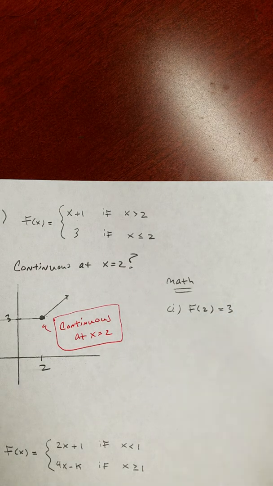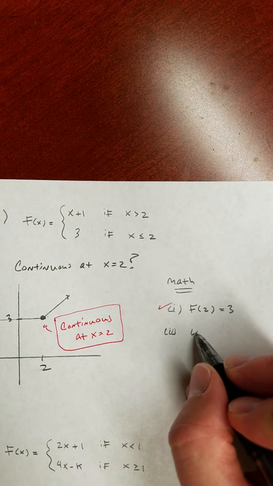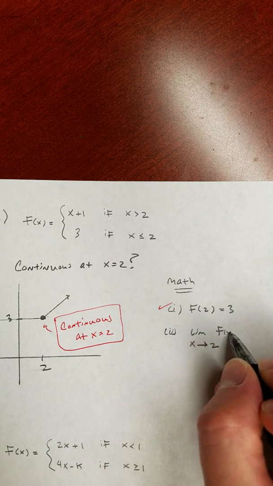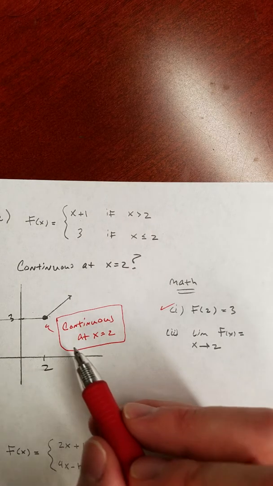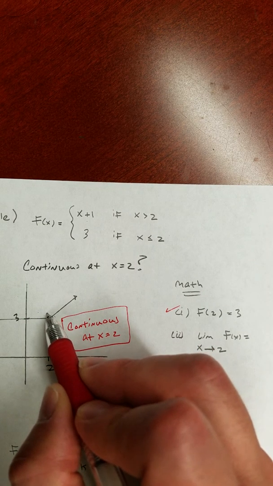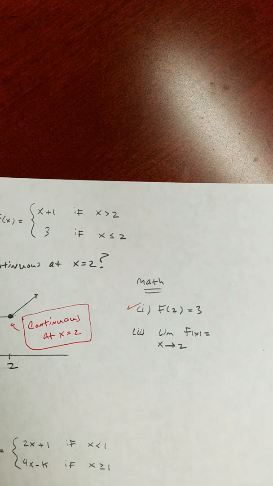So check. Second thing, the limit as x goes to 2 of f of x has to also have an answer. Well, if x is near 2, y will be near 3, no matter what. So that one's 3.